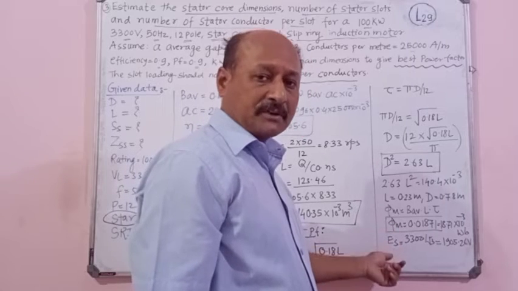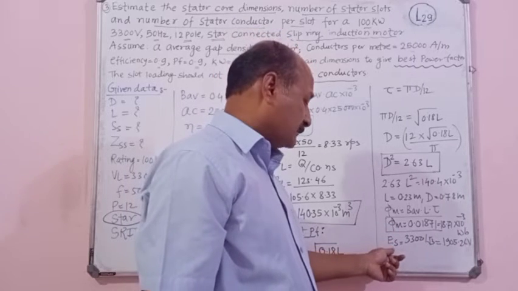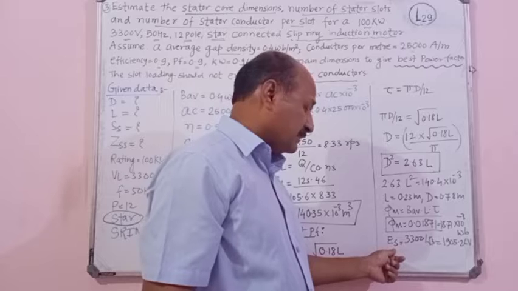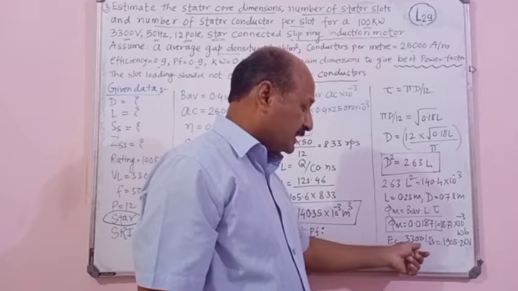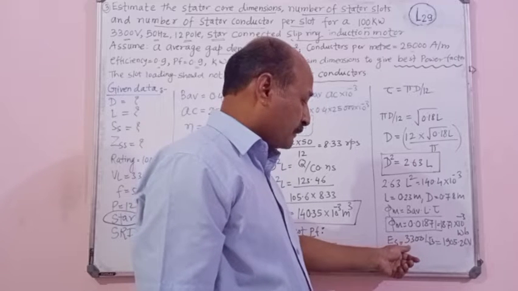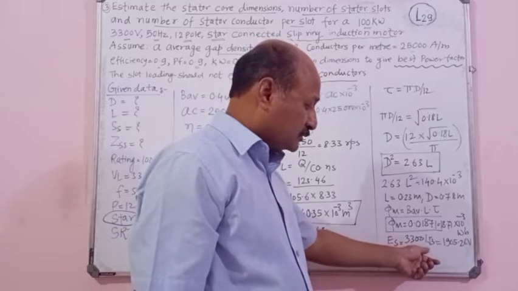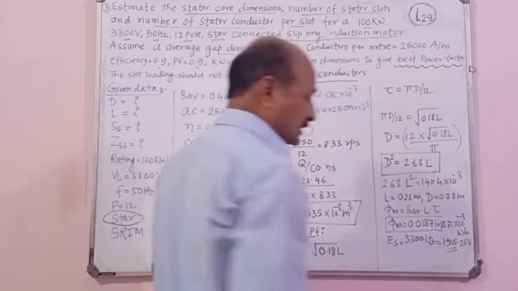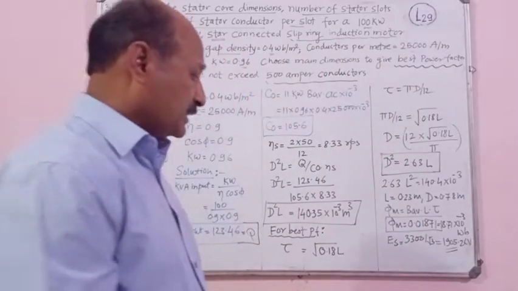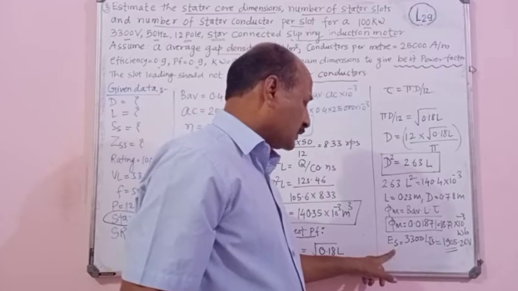To calculate the number of turns per phase, we require the value of stator EMF per phase. So that's why 3300, the line stator voltage, divided by root 3 gives 1905.26 volt, the stator voltage per phase.